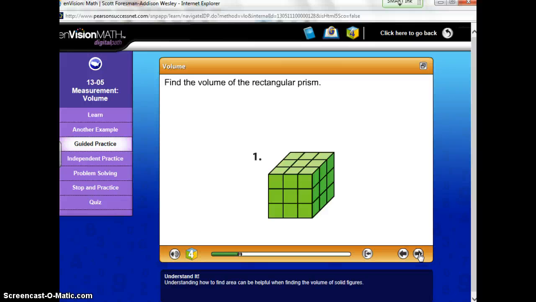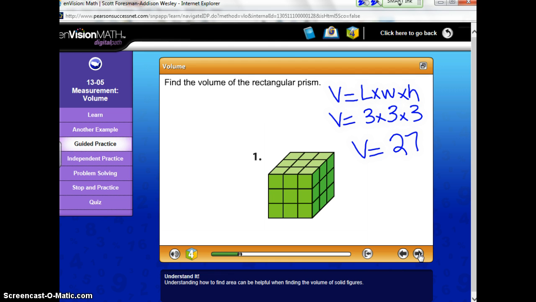Can you tell me how you found that? Length times width times height. What's the length, Natasha? What's the width? And what's the height? 3 times 3 times 3 is what? Dathan? 27 cubic units. 27 of them.